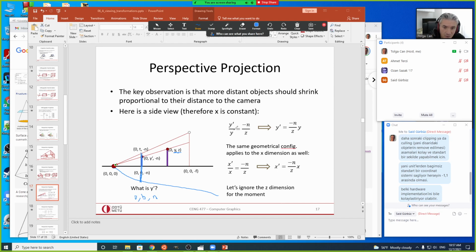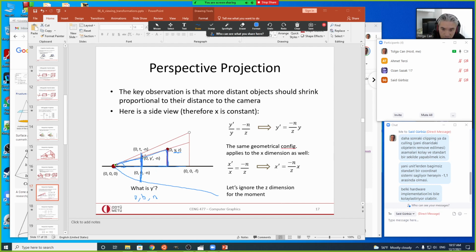Okay, so here, if you look at this, we can use the similarity of these triangles. So whatever this y value is, y prime, these two triangles are similar. This one has the same angle, and this large triangle, they're similar triangles.